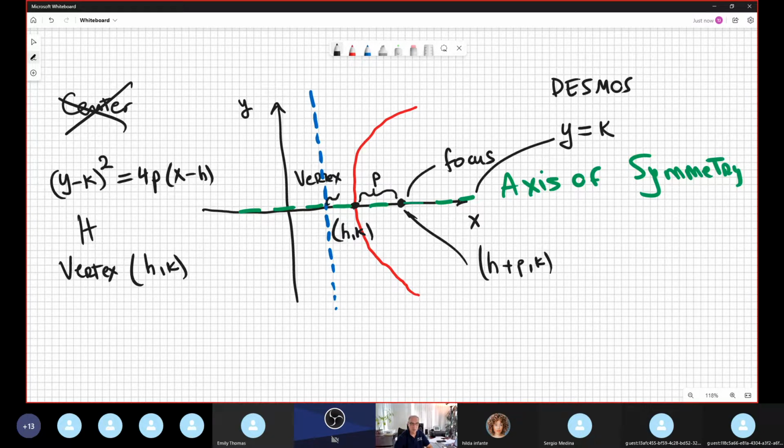So you have the focus at p to the right of the vertex, and p to the left is the directrix. And for this vertical line, the equation is x = h - p, because this point is (h, k). You're subtracting p to the left, so it is h minus p. This is the directrix.